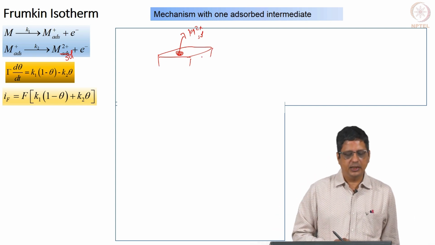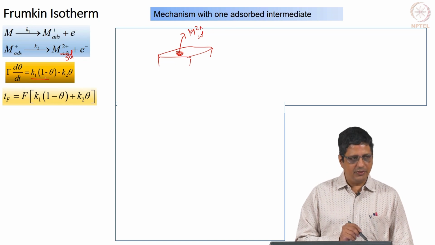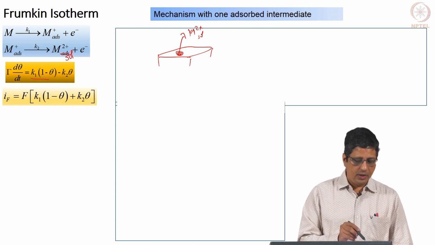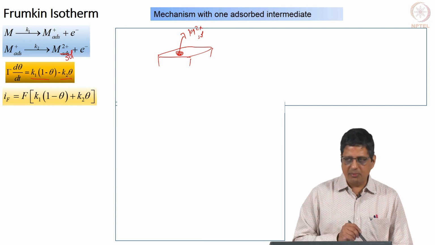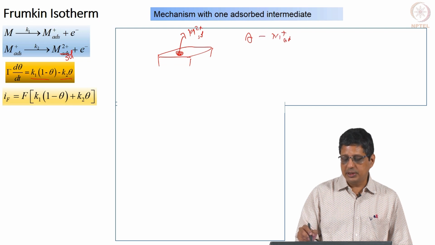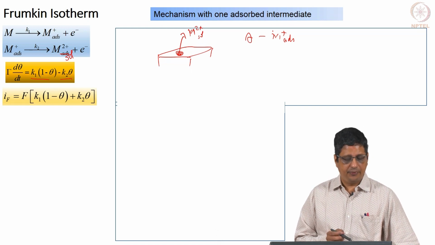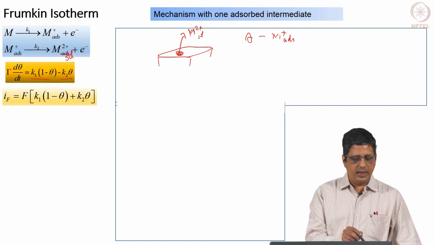Now, we know the rate of the first reaction is given by K1 times (1 minus theta). The rate of the second reaction is given by K2 theta, where theta is the fractional surface coverage of the M plus adsorbed species. This is the only adsorbed species that we are looking at; the remainder is vacant metal, and we know gamma d theta by dt equals this.